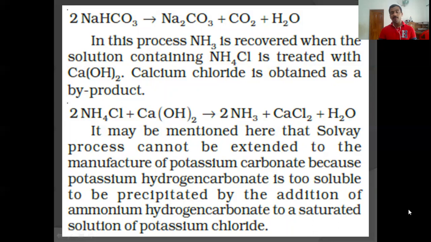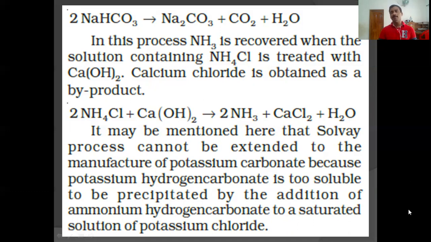The Solvay process cannot be extended to the manufacture of potassium carbonate. Why? You can expect such a question. Because potassium hydrogen carbonate is too soluble to be precipitated by the addition of ammonium hydrogen carbonate to a saturated solution of potassium chloride.